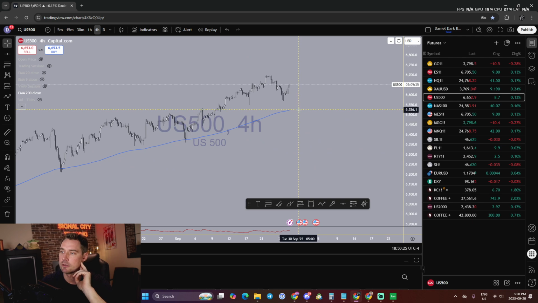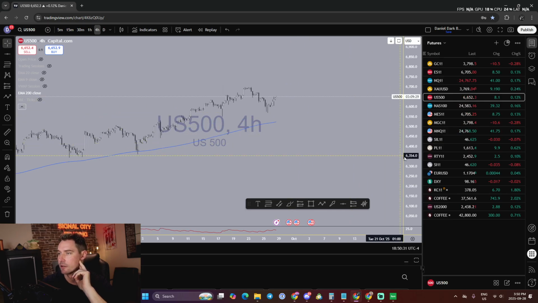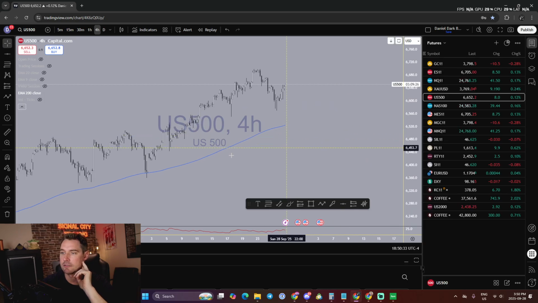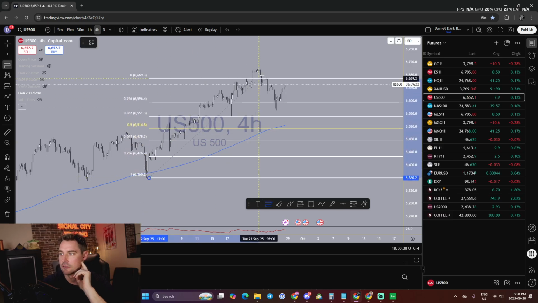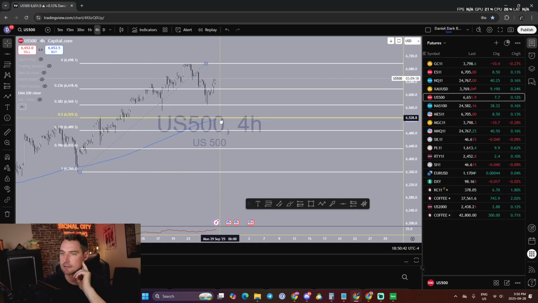We could wait for, I think I talked about this last time, I wanted to get a 200 EMA bounce. Ideally, it would even align because this is a very clear bullish run right here. And ideally, I would like to get a 200 EMA bounce that aligns with the 382 or the 50 level. At this point, unless it really starts dumping this week, it looks like it would be a 382 bounce, which would be around 65, 69.